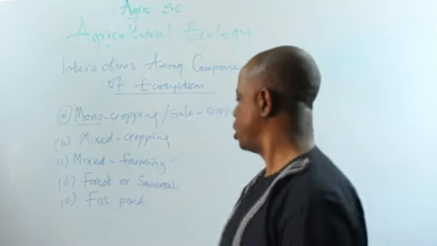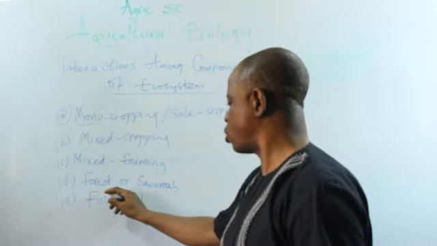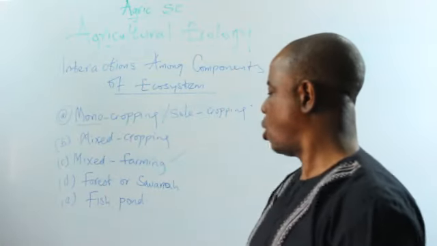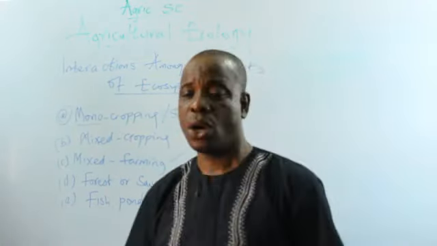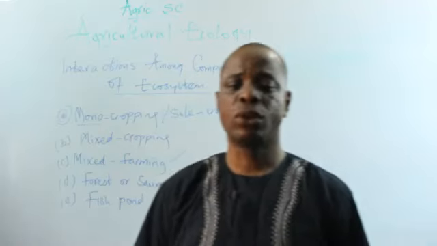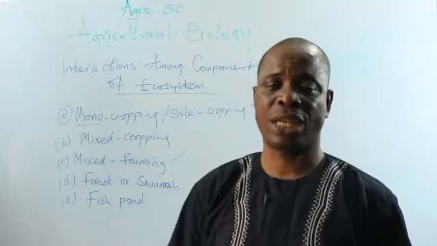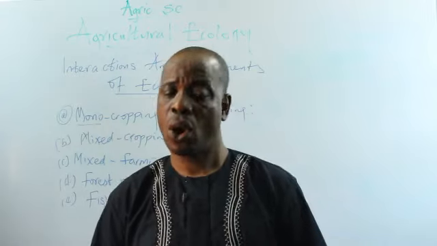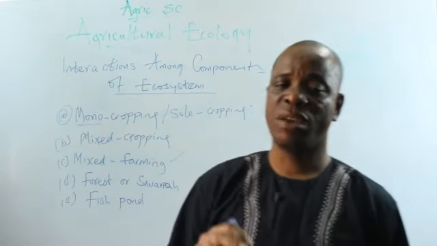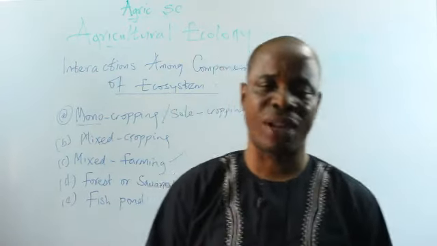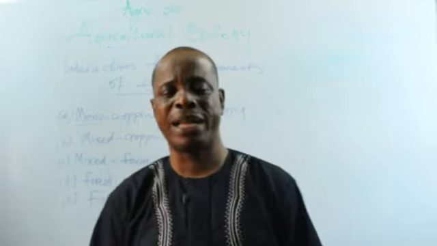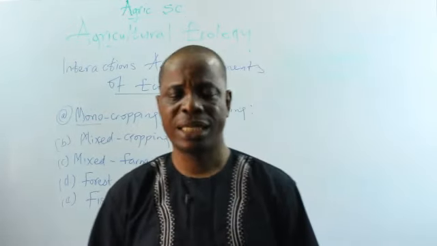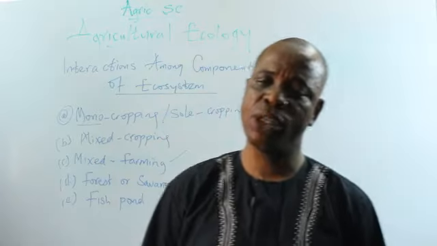Now, coming to the fourth one, this is forest or savanna. Now, a forest is a large area of land predominantly occupied by trees and shrubs, either growing naturally or established by man. I repeat, a forest is a large area of land predominantly occupied by trees or shrubs, either growing wild or established by man.